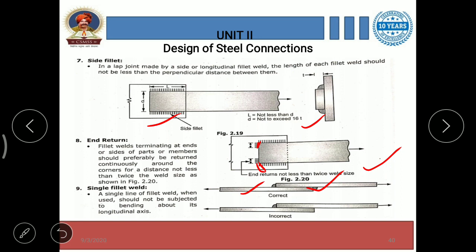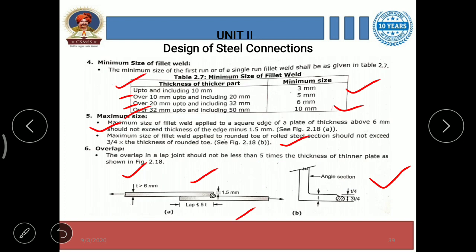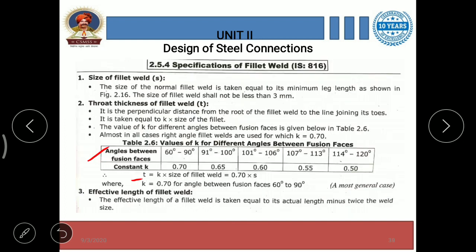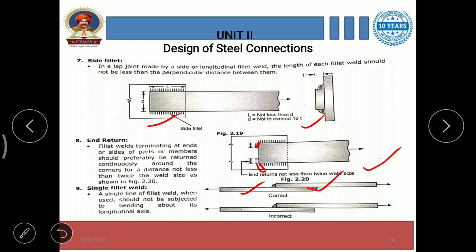Just study all these points, make your own notes, draw all these diagrams and all the tables mentioned here, and keep studying.